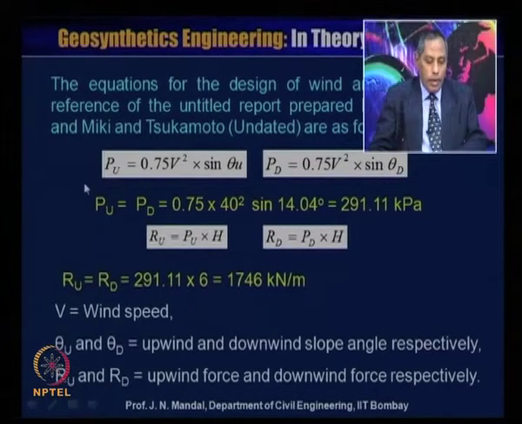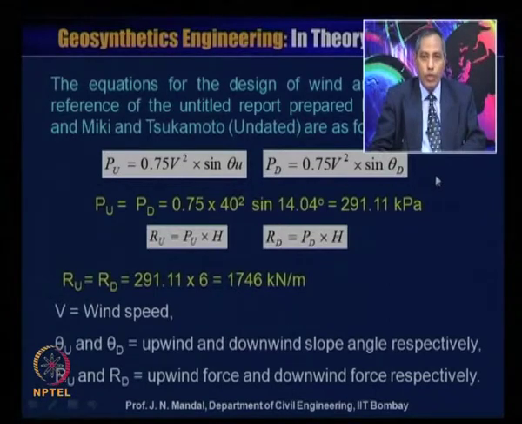P of U, the pressure distribution in the upwind direction, is equal to 0.75 into V square, that is the velocity of the wind squared, into sine of theta U, where theta U is the upwind slope angle. P of D, the pressure distribution in the downwind direction, is also equal to 0.75 V square into sine of theta D, where theta D is the downwind slope angle.